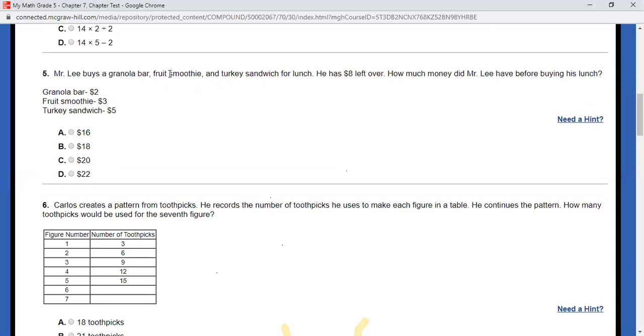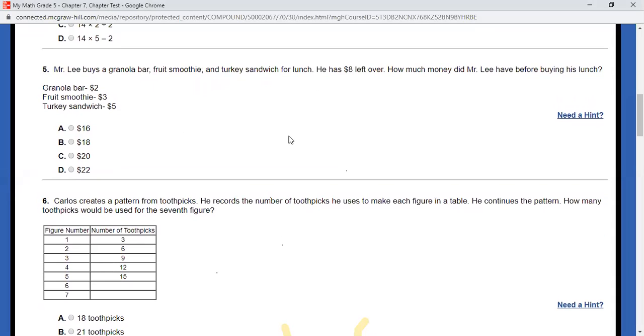Mr. Lee buys a granola bar, fruit smoothie, and a turkey sandwich for lunch. Guys, not gonna lie, that kind of sounds good. He has $8 left over. How much money did Mr. Lee have before he bought his lunch? All right. So if the granola bar is $2, then 3, then 5, what do I do first, Stella?